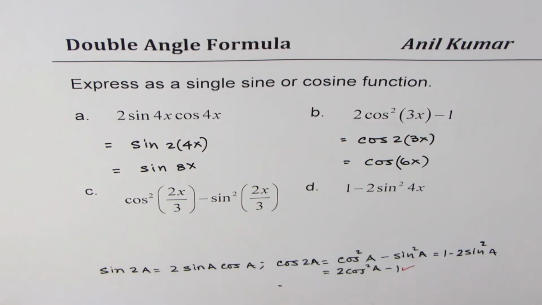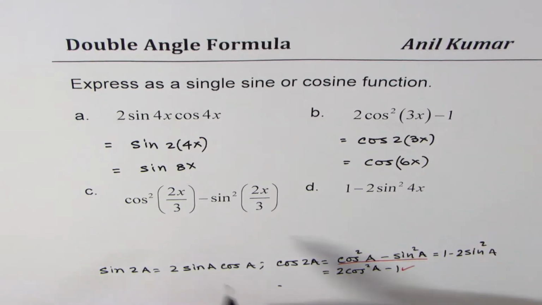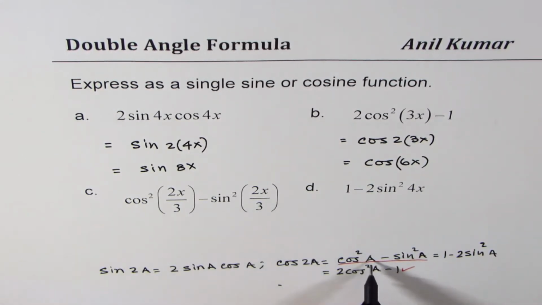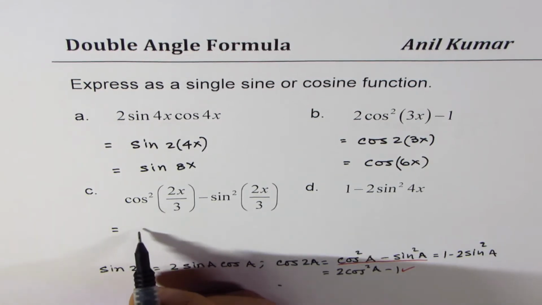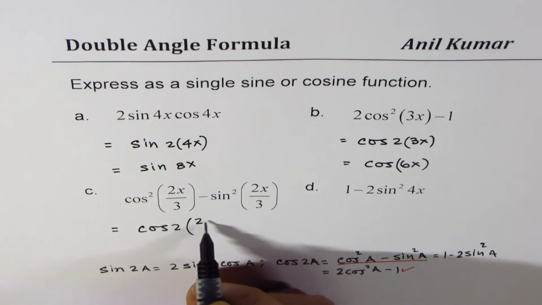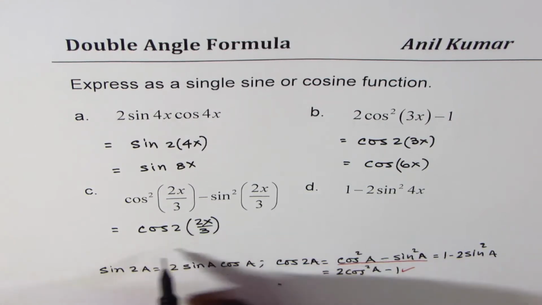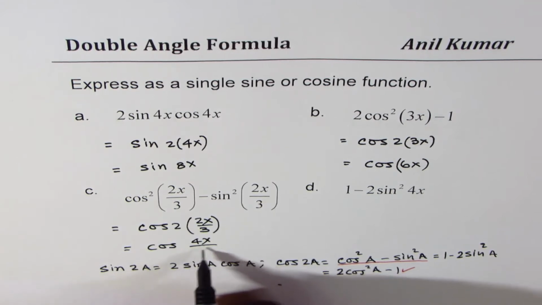The next one here is the difference of squares, and a is given to us as 2x over 3. So twice a is cos of 2 times 2x over 3, which is the same as cos of 4x over 3.